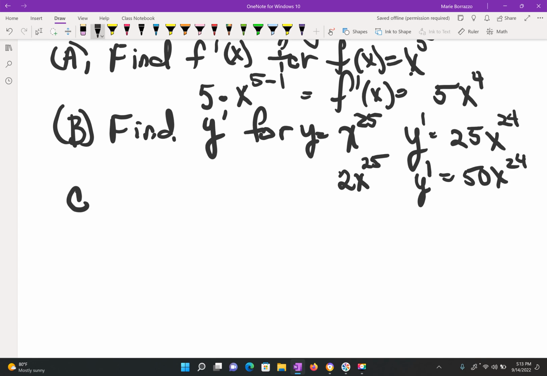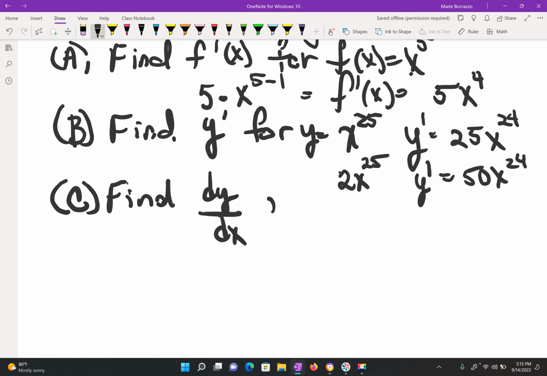In part C, they have another question stem that I want to expose you to, which is find dy over dx for y equal to t to the negative 3 power. What do you think this one's going to be? So this will be dy over dx.